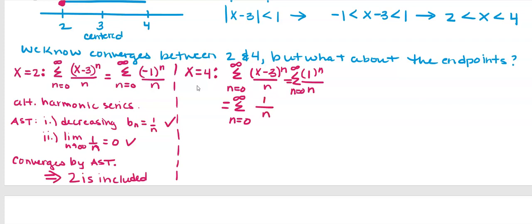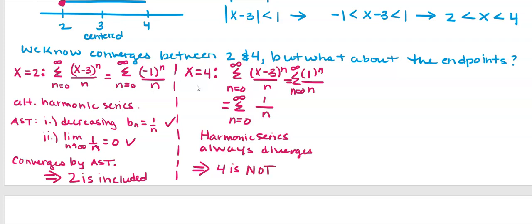And we know that this is a harmonic series. And by definition, a harmonic series always diverges. And so since this always diverges, we know that the endpoint 4 is not going to be included.